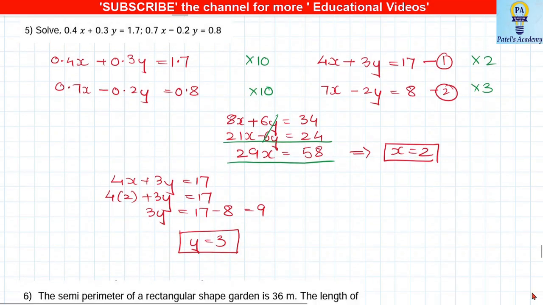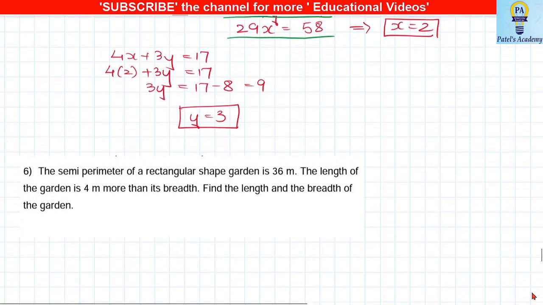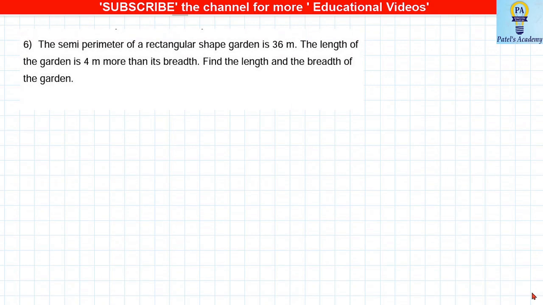Okay, let's see the last sum, students, of question number 5. Question number 4, that is a 4-mark sum. Okay, so here they have given the semi-perimeter of a rectangle is 36. Now what do you mean by semi-perimeter? Semi-perimeter means half of the perimeter is 36. So half of 2 bracket perimeter of rectangle, length into breadth, I'll take the length as x and the breadth as y, equals 36.